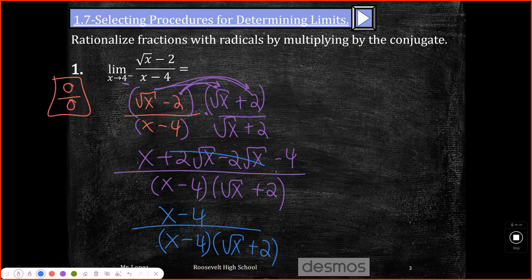And now we can cancel out x minus 4 and x minus 4, leaving us with the limit as x approaches 4 of 1 over square root of x plus 2. And now if we plug it in, we will get square root of 4, which is 2, plus 2 is 4, and the limit is 1/4. Okay?